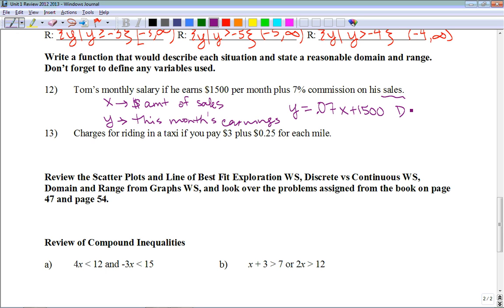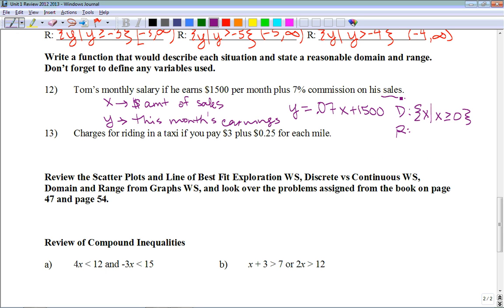Okay, so then we just need to look at our reasonable domain and range. And I'm going to use set builder notation. So for our domain, the set of all x values where, okay, so I could make $0 in sales. And let's not put a limit on myself. I could make up to infinity. So I just have to be not negative, but I can be greater than or equal to 0.